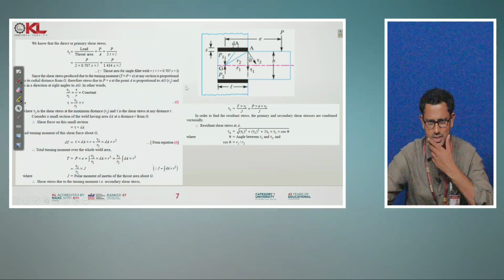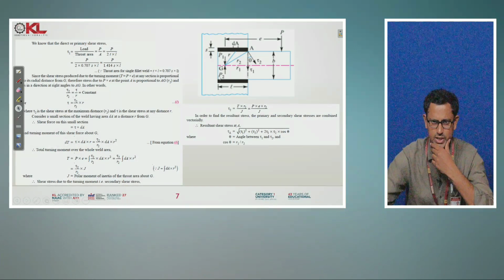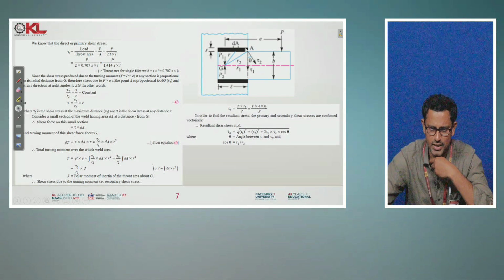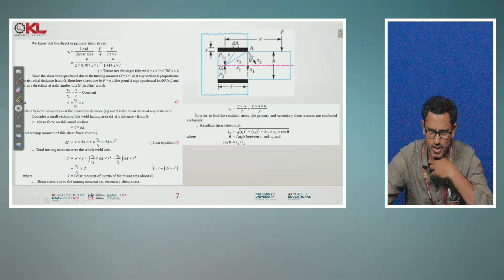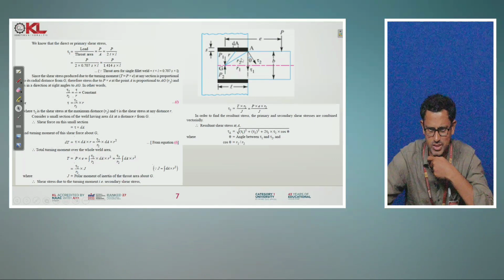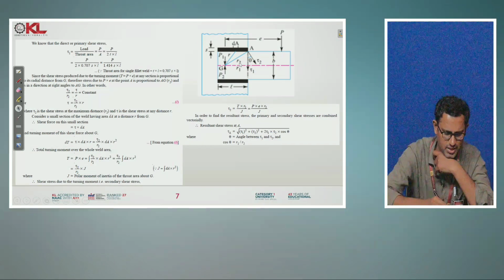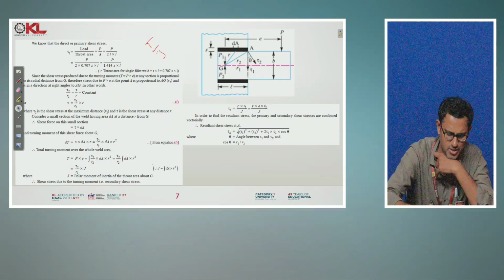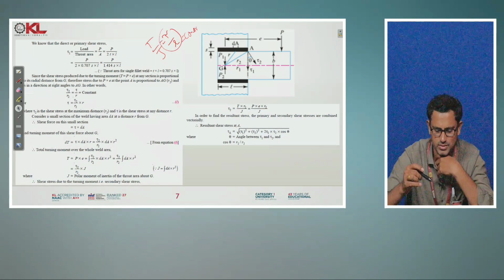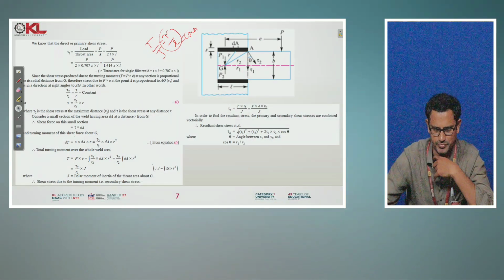But for the secondary stress, as I already told you, the secondary stress tau 2 generated inside the weld cross section, which is at a distance of R2 from the center of gravity of the throat, acts perpendicular to it and is proportional to the radial distance R2. From the equation, T by J is equal to tau by R, this tau by R value is constant.